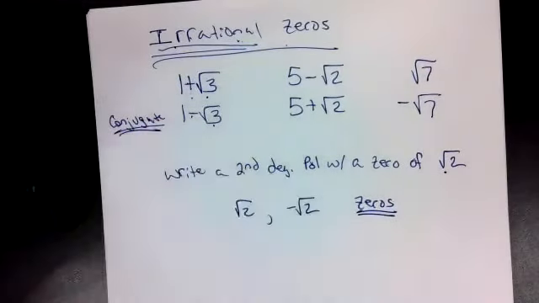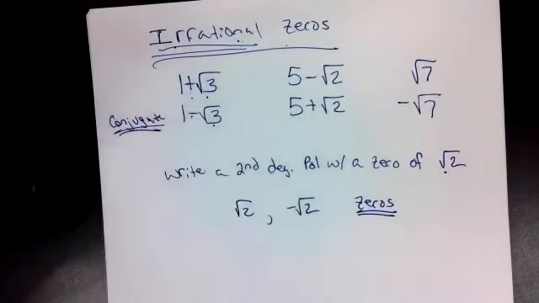All right, same pattern here. X times x, still x squared. X times root 2 is x root 2. Negative root 2 times x is negative x root 2.